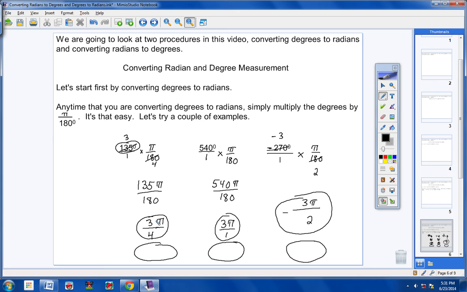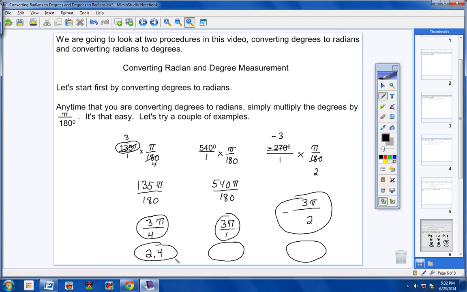Now you're welcome to use the pi button on your calculator. I just use 3.14. So with my calculator, I'm going to type 3 times 3.14. And when I do that, I'm going to get 9.42, and then divide that by 4, and you will get, for a decimal, and I'm rounding to 1 decimal place, 2.355. I'm just going to go ahead and put 2.4.